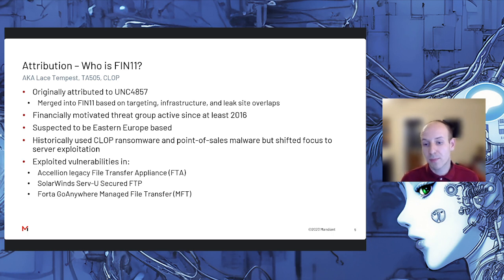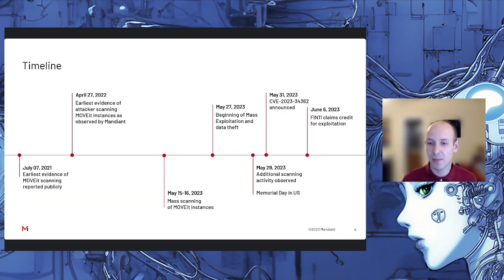Now, from a timeline perspective, this timeline looks pretty basic. The earliest that public reporting suggested that FIN11 started to be interested in MOVEit goes back all the way to 2021, so almost over 2 years at this point, with some public reporting indicating that somebody was scanning MOVEit instances to see what was out there.